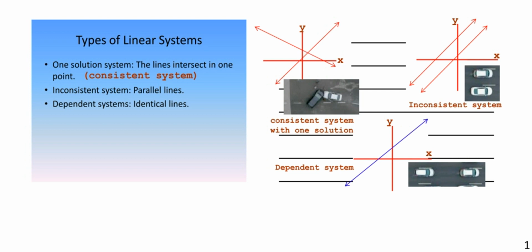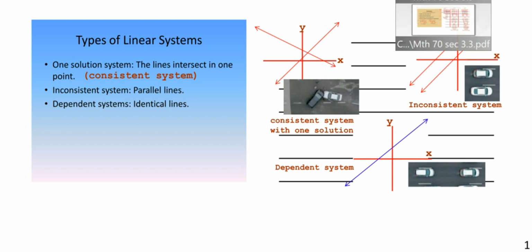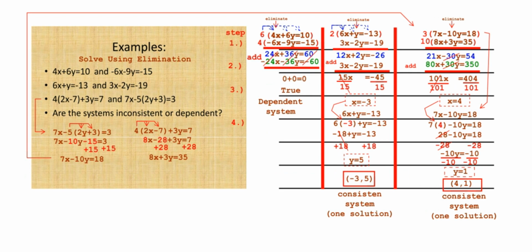It's where, for instance, two cars are following each other. You're wondering at what time they were at that particular location. So does that give you a rough picture for this? Dependent systems was the car following a car, and then consistent systems, single intersection points, where two lines meet each other or intersect each other at one location.